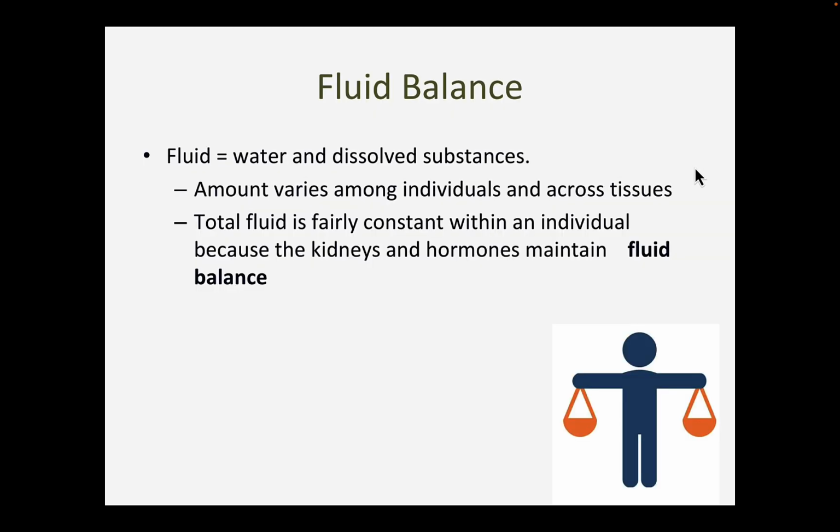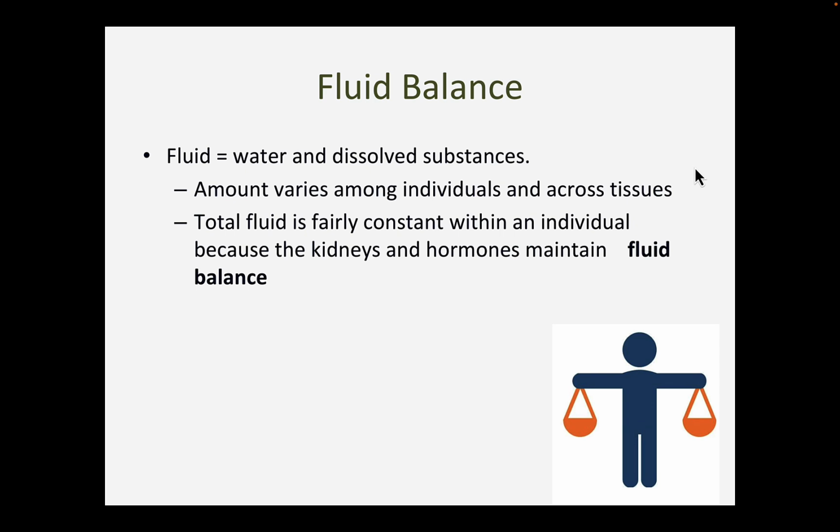Okay, so that is the balance concept. Let's now relate this to fluid balance. And when I say fluid, I'm not just talking about water, but it's water and the substances dissolved in it, such as the electrolytes. Now, the amount of fluid in our body varies among individuals. So I might have a different amount of fluid than you. And it also varies across tissues.